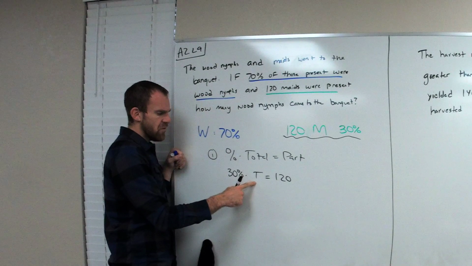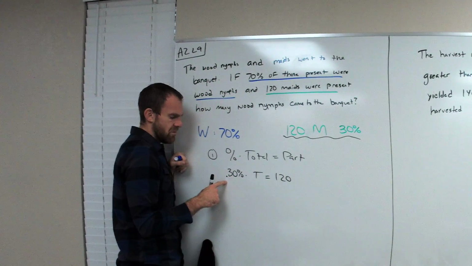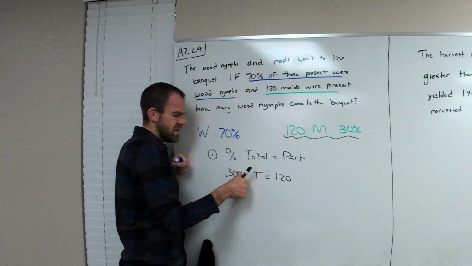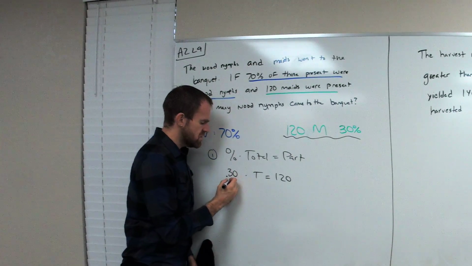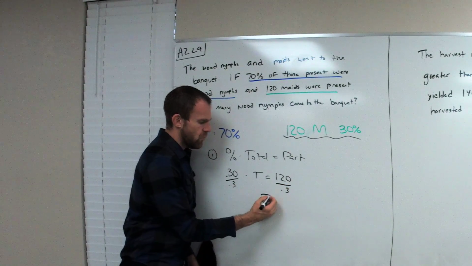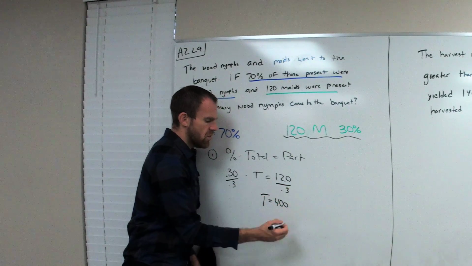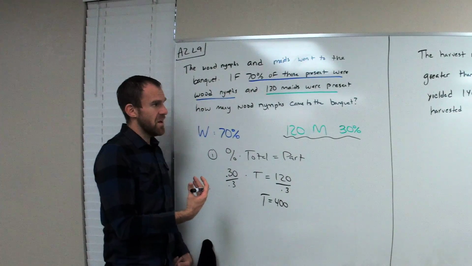So I can solve for the total by dividing by 0.30. Remember, we can change a percent into a decimal by moving the decimal point over 2. So I'm going to divide by 0.3. And that looks like 400 people, or 400, whatever those things are, went to the banquet.